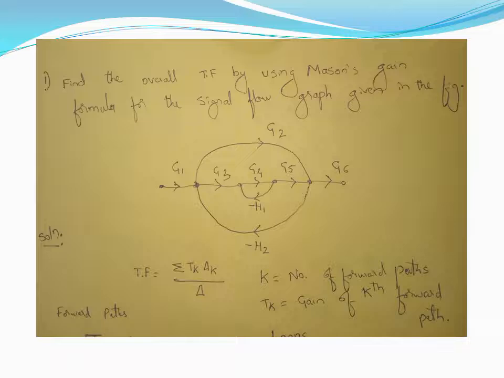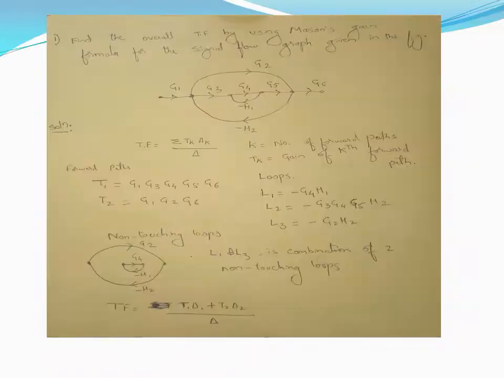So we'll just see. Here we have two forward paths, T1 and T2, where T1 is G1, G3, G4, G5, G6, and T2 is G1, G2, G6. We have 3 loops: L1 is minus G4 H1, L2 is minus G3 G4 G5 H2, and L3 is minus G2 H2.